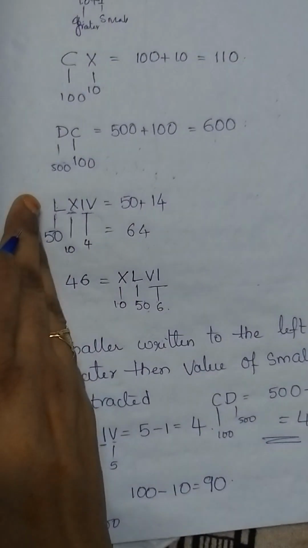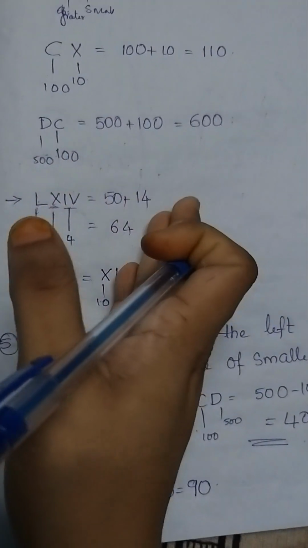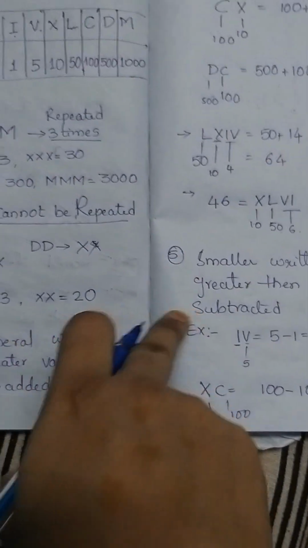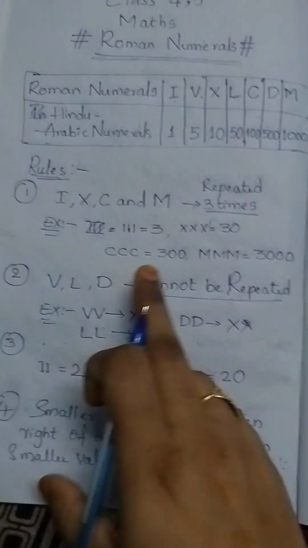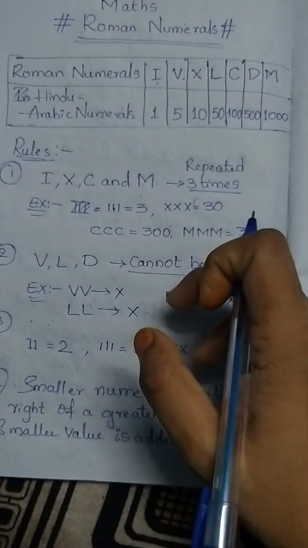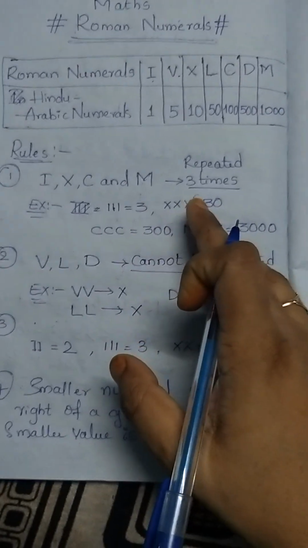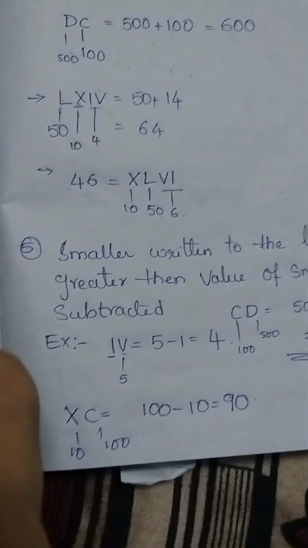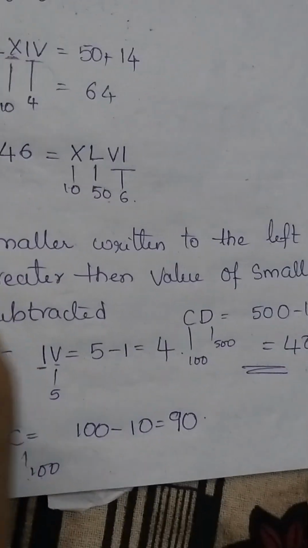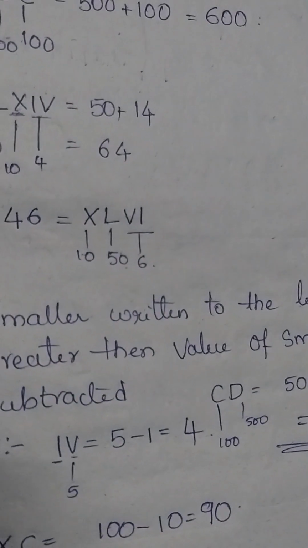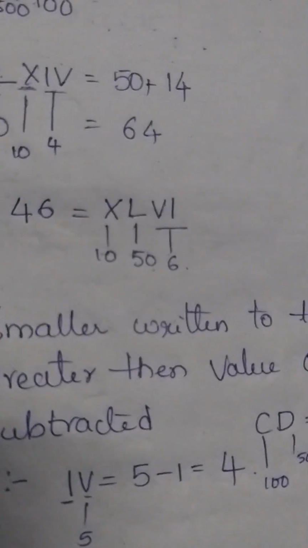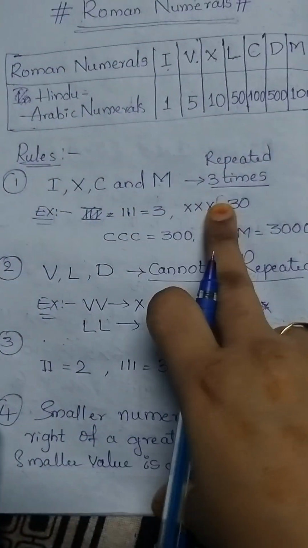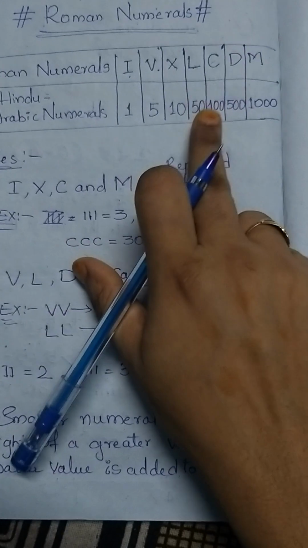Bigger value on the left side, we add. Okay children, these are the 2nd, 4th and 5th rules. You have to remember these, and the other 3 also you have to remember perfectly, then only you can do the problems on Roman numerals conversion. With Hindu Arabic numerals, any number we can write easily, we can subtract and add. You have to remember properly, children. First you have to be perfect on the rules, symbols and table chart.